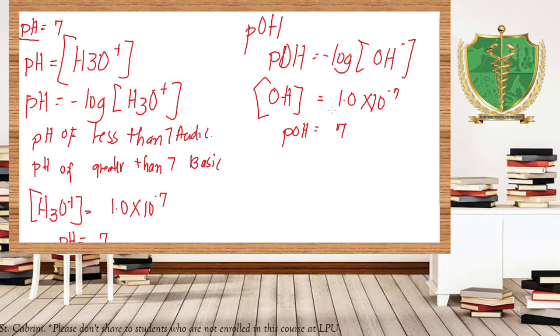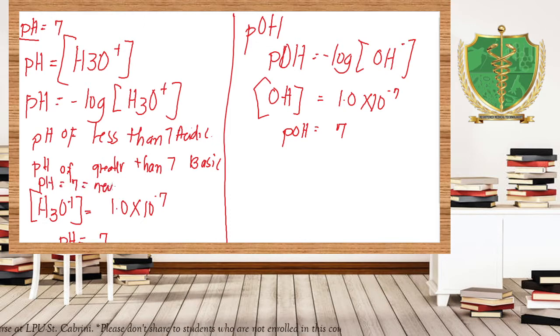water is 7. Okay, take note, magkabaligtad po ito. Kay pH, kapag mas mababa sa 7, is considered acidic. Kapag mas mataas sa 7, is considered basic. Tapos kapag ang pH is equal to 7, then that is neutral.